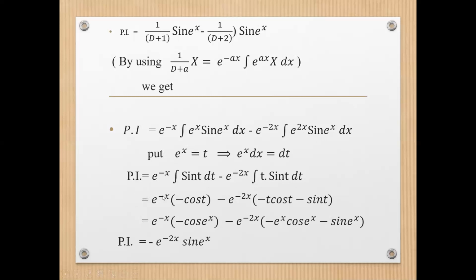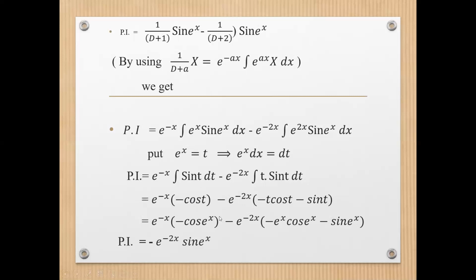So PI is equal to e raised to minus x as it is, integration of sin t is minus cos t, minus, as it is, minus e raised to minus 2x, integration of t sin t. By using integration by parts, we get minus t cos t plus sin t. Okay, now replace t by e raised to x.